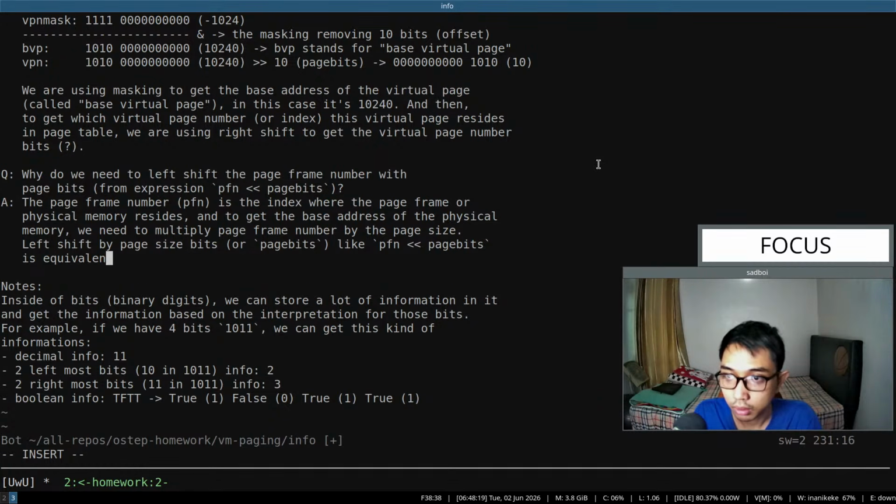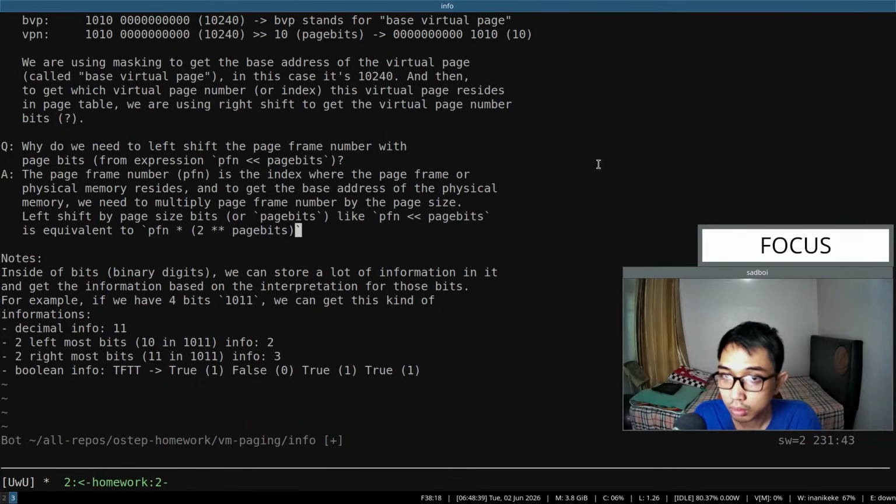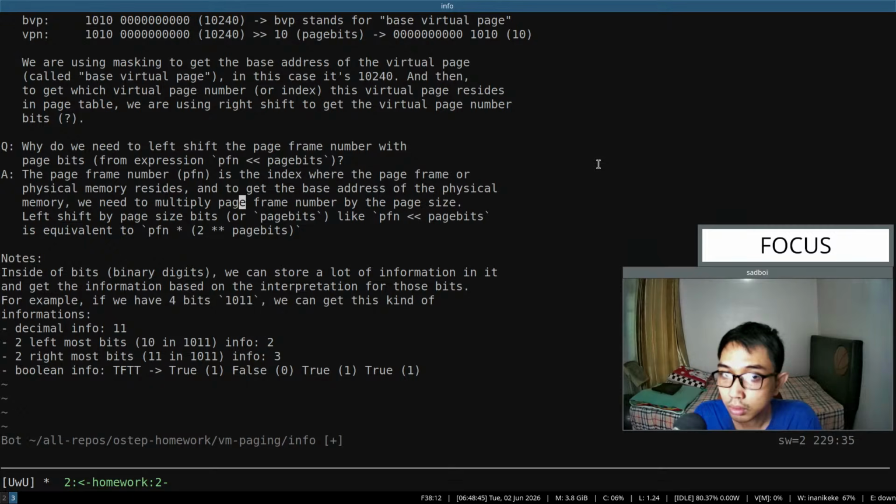This is equivalent to the base address of the physical memory, of the physical frame, I guess.